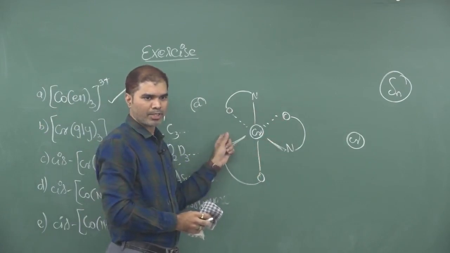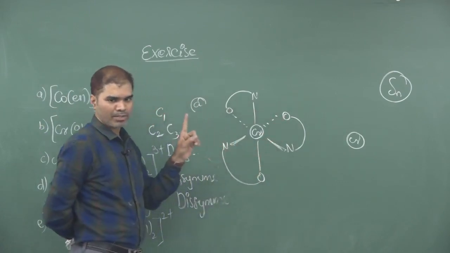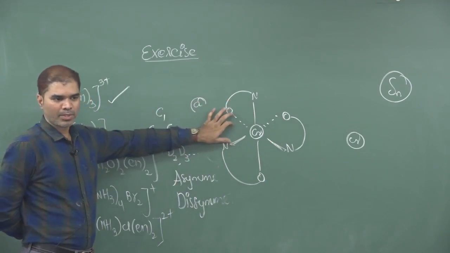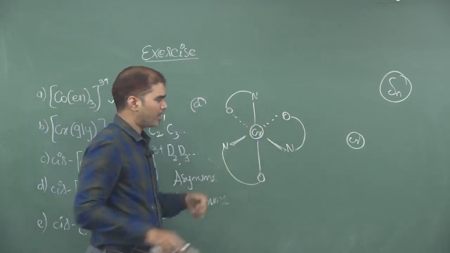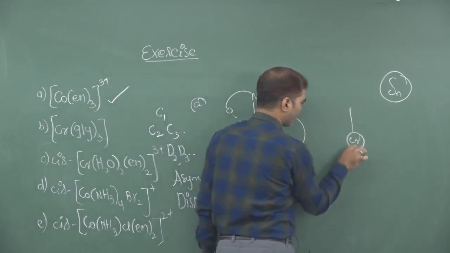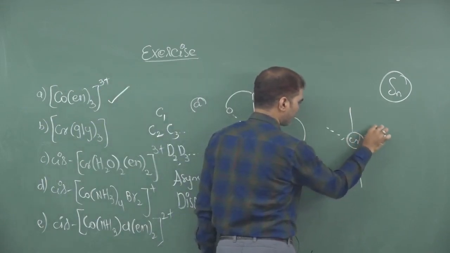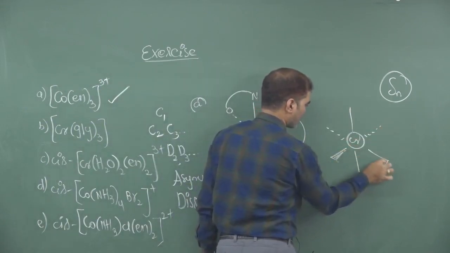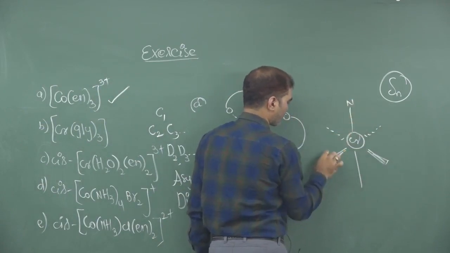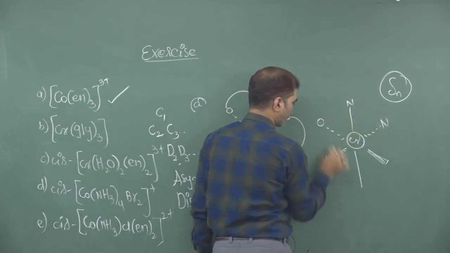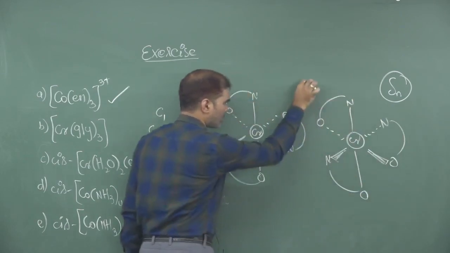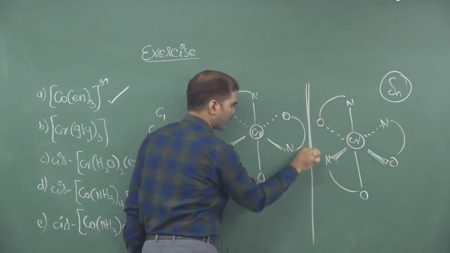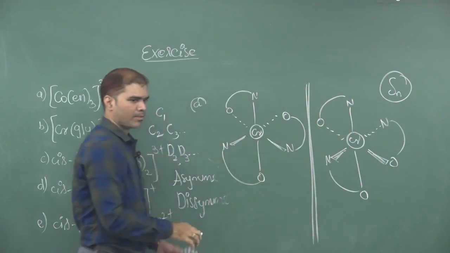You have an enantiomer. I have written only one of the geometrical isomers. There is also another geometrical isomer. This has its enantiomer. We discussed all these things. These two are different isomers.